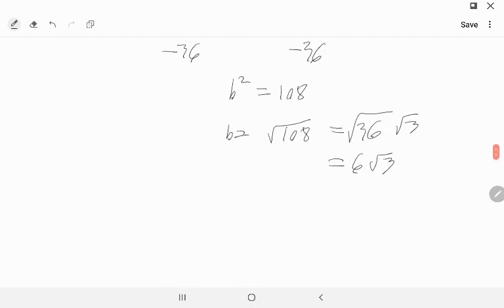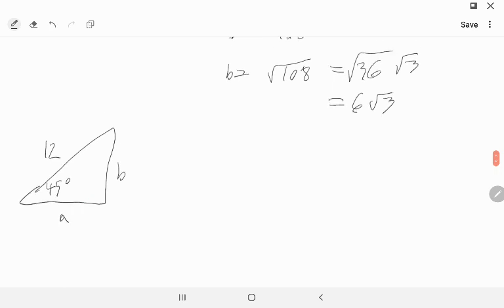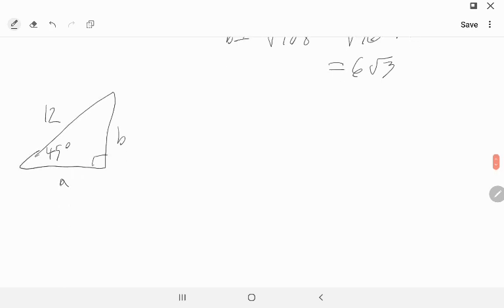So if we looked at, say, a 45-degree angle, and we knew that the hypotenuse was 12, just because we'll stick with 12 for the moment, we could figure out sides A and B, because it's a right triangle.